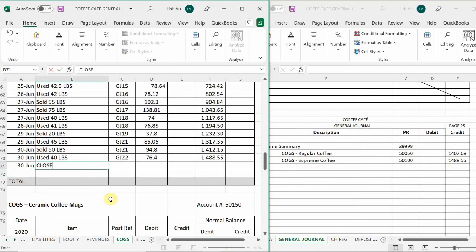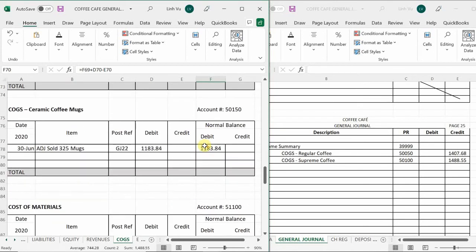Close General Journal 25 for the 1488.55, bringing your account balance down to 0.